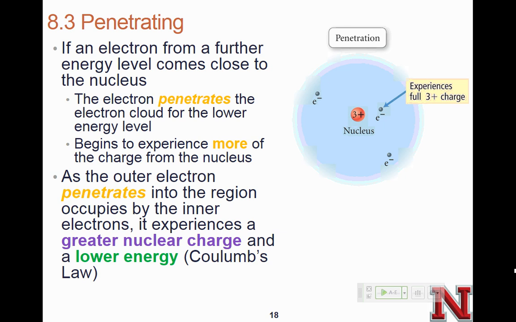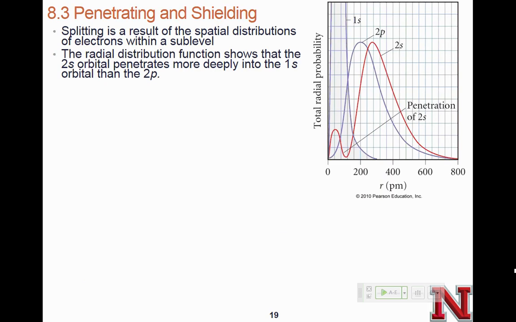As the outer electron penetrates into the region occupied by the inner electron, it just experiences a greater nuclear charge and a lower energy. So if an electron can penetrate into a lower level, it's going to feel more of the positive charge. So that's what we're looking at with the concept of penetration. And we're going to map that out in a bit more detail in a second.